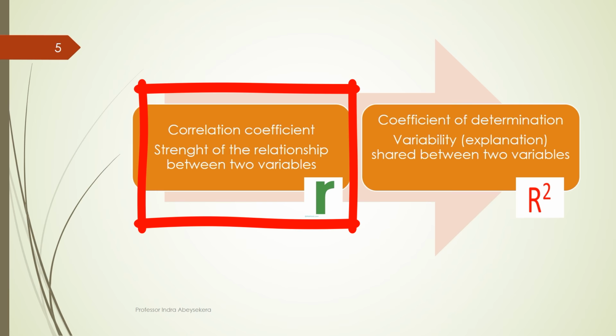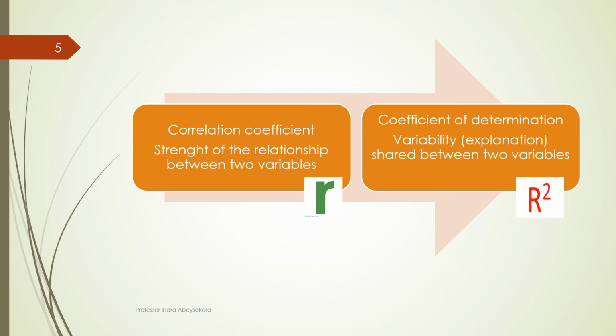We can use the correlation coefficient to find the variability between the two variables, or the explanation shared by the two variables. To do that, we take the correlation coefficient, the lowercase r, and square it.